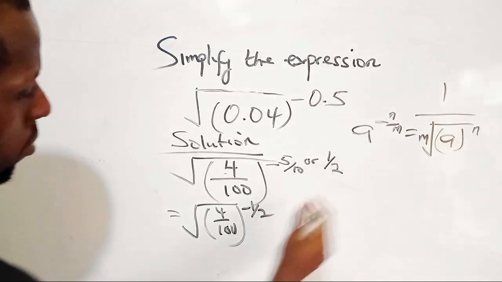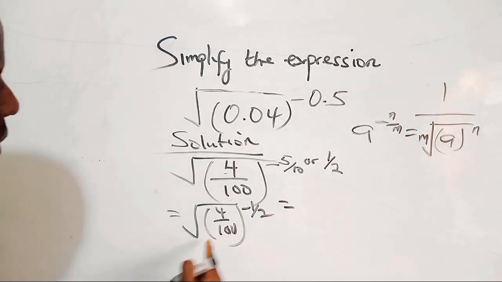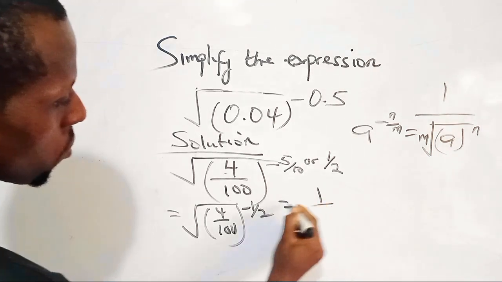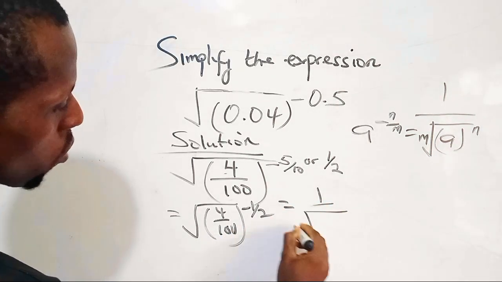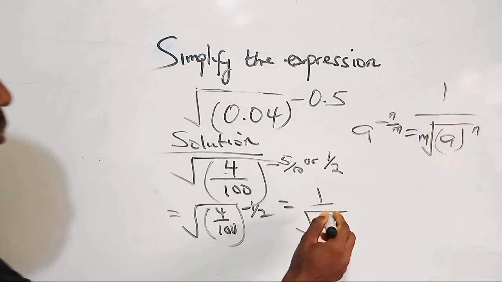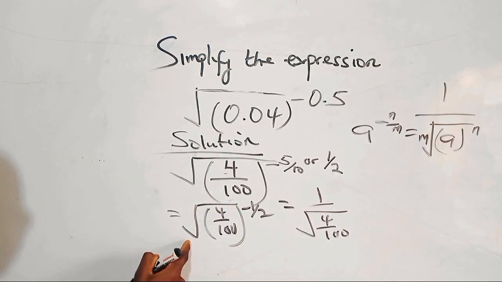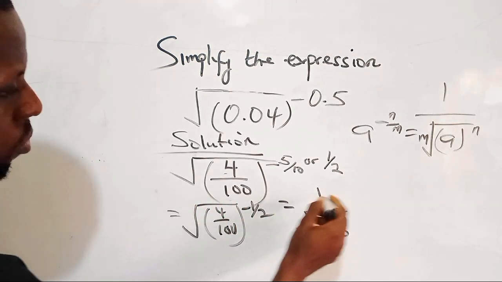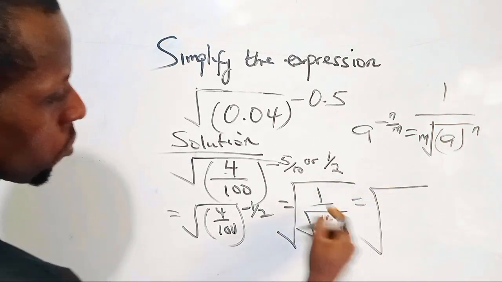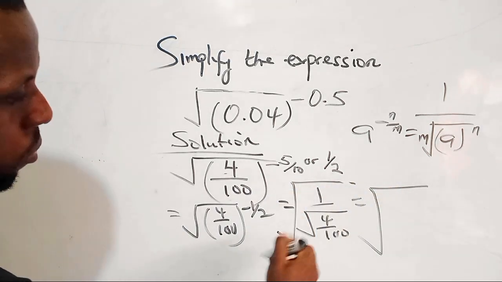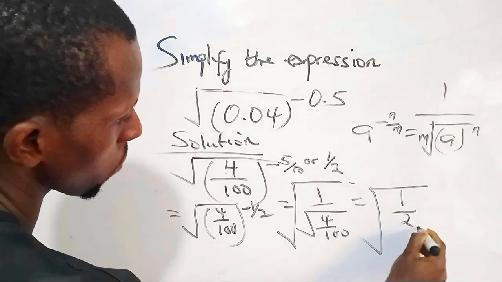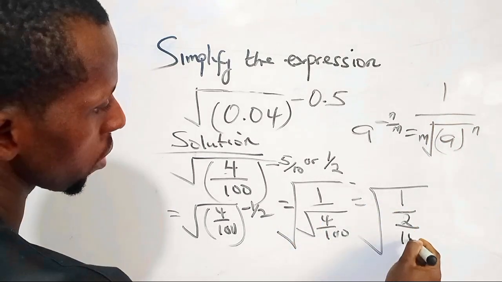So when I apply this, for this here I have 1 over square root of 400. So do not forget, I have this outside square roots. So I have the square root of, which is the outer one, 1 over square root of 4 is 2, square root of 100 is 10.